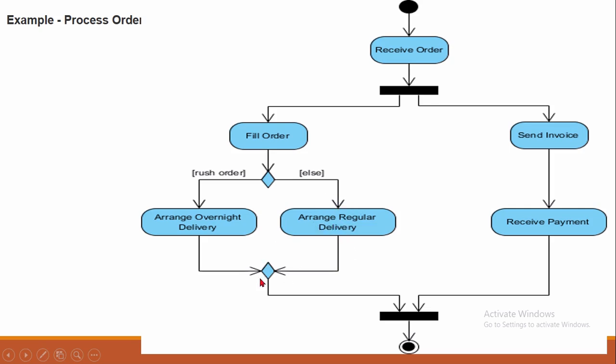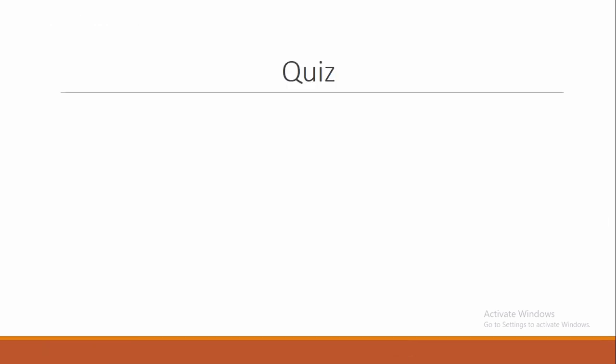Once this happens, we merge these two activities together, and then we receive a payment. After your delivery is ready and you receive a payment, you go to the final or end state. So this is how we draw an activity diagram.